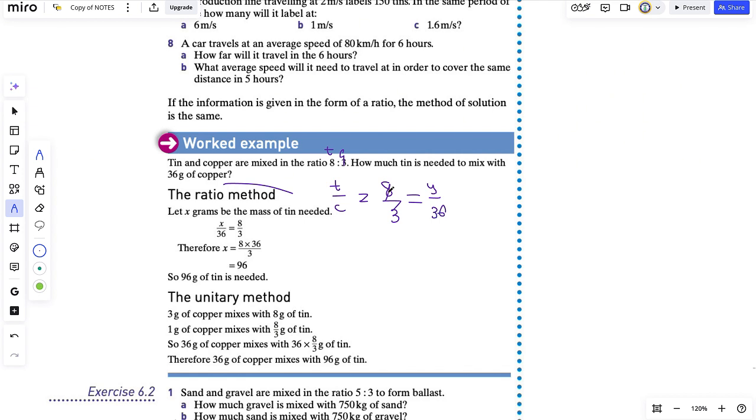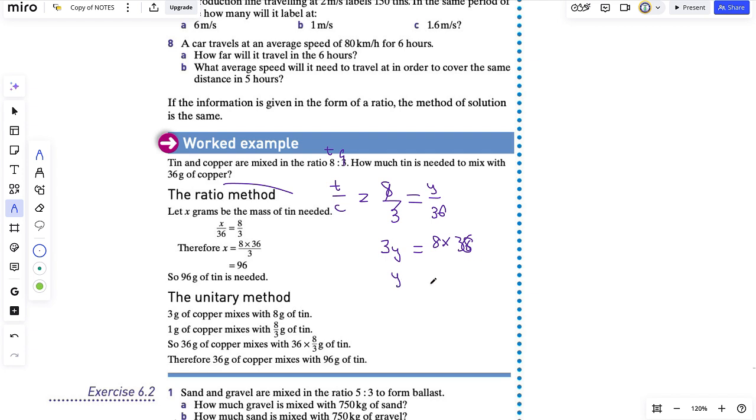So here we cross multiply. 3 times Y, we get 3Y, is equal to 8 times 36. If you don't want to multiply it, you write it out first. 8 times 36, which is 288, right?